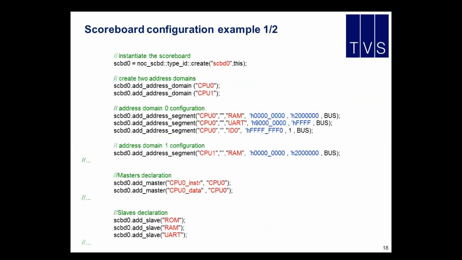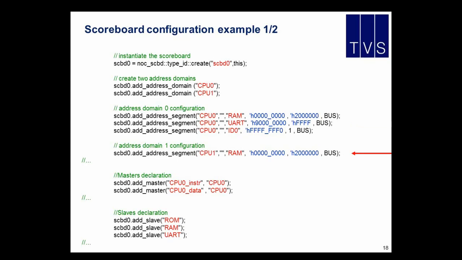Just to give you an example of how to use it, you first instantiate it and give it a name, you define the different address domains, and for each address domain you define the different segments. So we have 3 slaves defined here at different addresses.